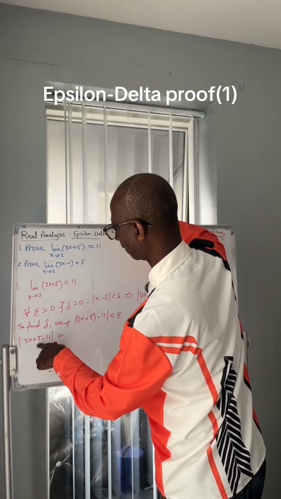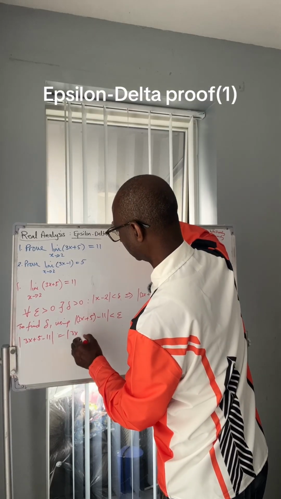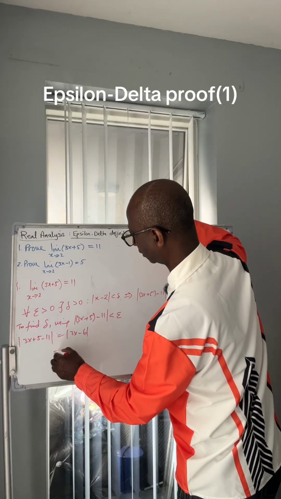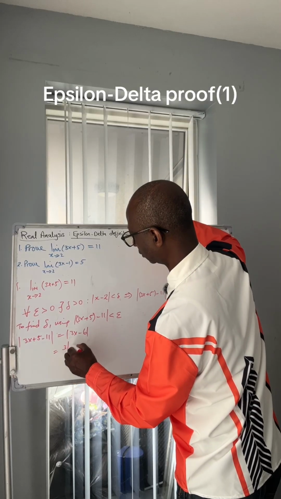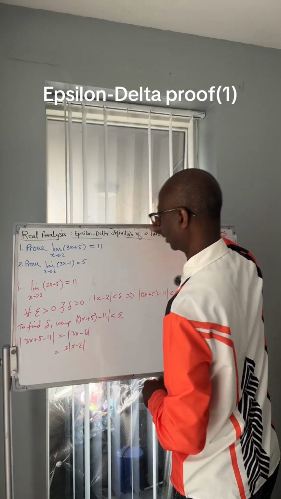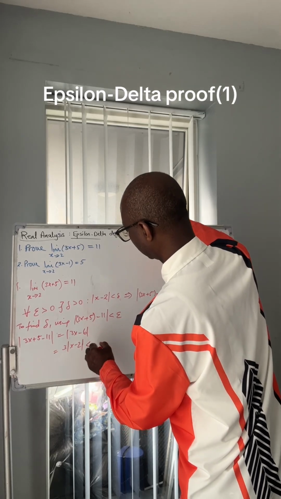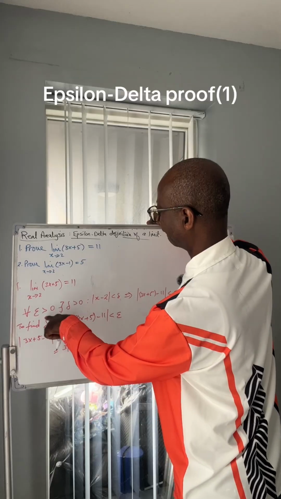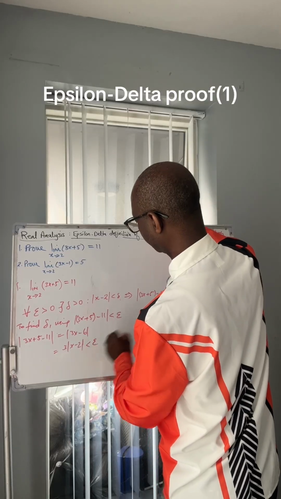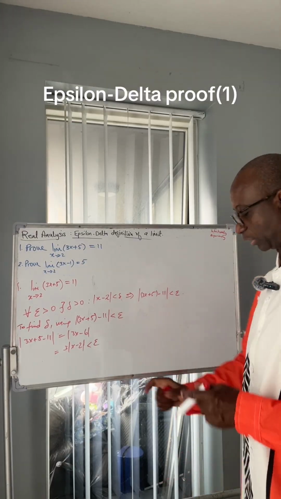This gives us 3x minus 6, so this gives us 3 into x minus 2, right? And we said this one here is less than delta, yeah? Is less than epsilon, right? From here, this is what we are just trying to break down.